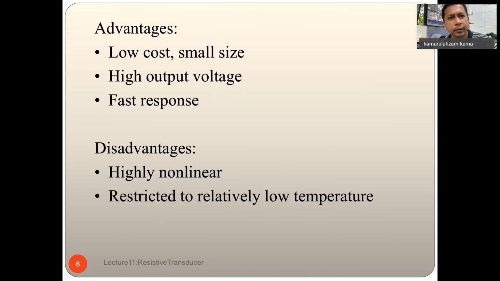The bad thing about the sensor is that it is highly non-linear, meaning you have reading issues, but you can make corrections by using a proper signal conditioner to improve the linearity of the reading. Okay.